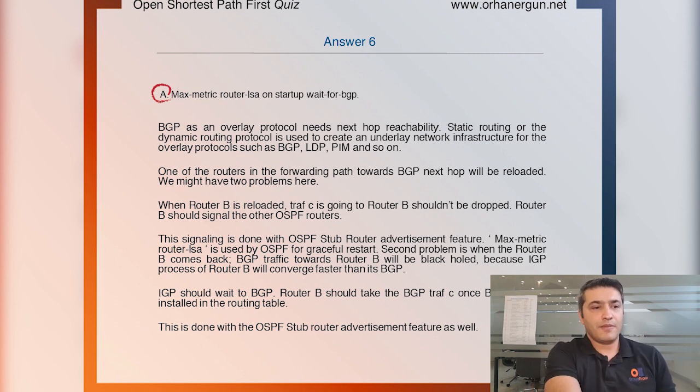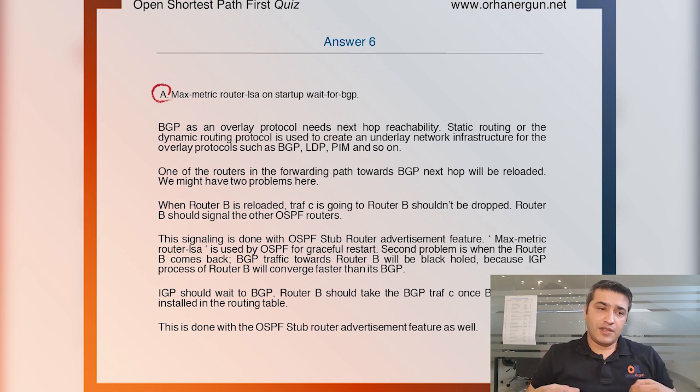For a BGP-based destination, router A's BGP next hop is router D, but there will be a recursive lookup. So router A needs to know the IGP next hop, which is router C in this case. Router B will not be taken into account because we set maximum metric router LSA on router B. Okay, so far so good.